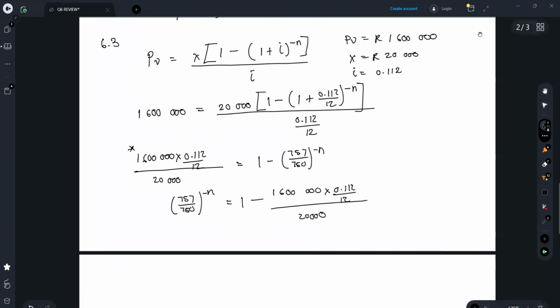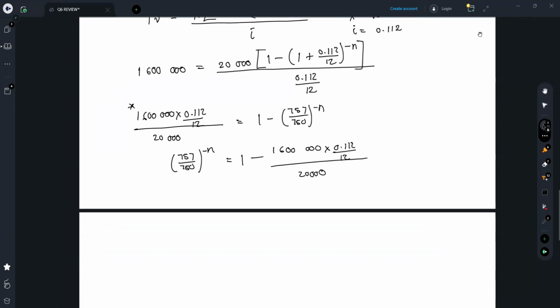So what are we going to do? We are definitely going to punch this part into the calculator, right? Punch it into the calculator, and you should receive a nice fraction there. I like it when we work with fractions. They are less complicated. So we're going to receive 19 over 75, like that. And on this side, we still have our 757 over 750 to the power negative n.